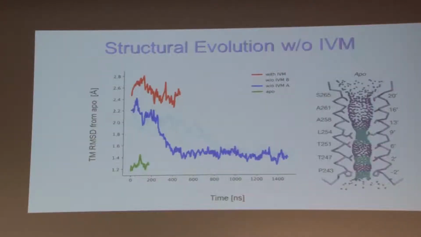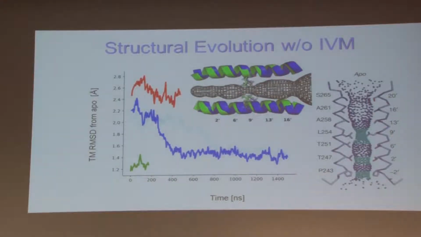Even more striking, if we monitor the C-alpha root mean square deviation of the transmembrane domain, where the ion channel is, relative to the crystal structure of the resting state, which was solved in the absence of ligand, we can see that upon removal of ivermectin the transmembrane domain converges to the crystal structure, with a final root mean square deviation of about 1.4 angstrom from the experimental result, which is quite consistent with the thermal fluctuations in the simulations. The ion pore shuts, as I have here at position 9', in perfect agreement with the experimental result.